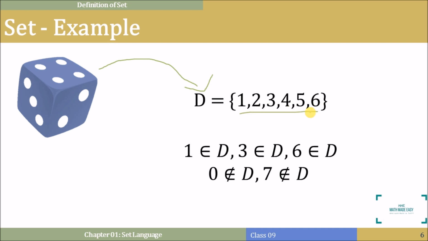Anywhere in the world, this die contains just these 6 elements alone. Regarding the members of this set, 1 belongs to D, 3 belongs to D, and 6 belongs to D. Obviously 0 and 7 do not belong to this set, so 0 does not belong to D and 7 does not belong to D.